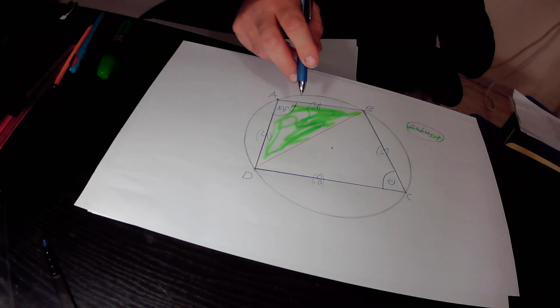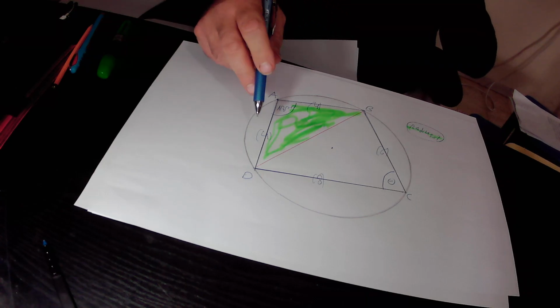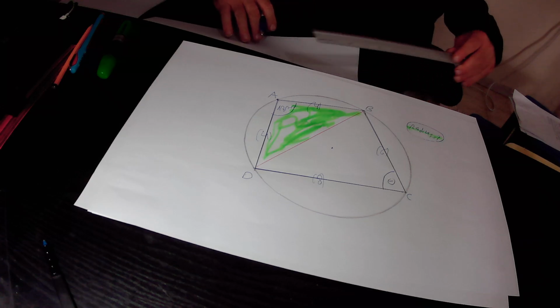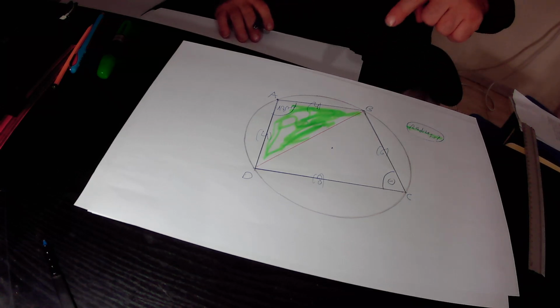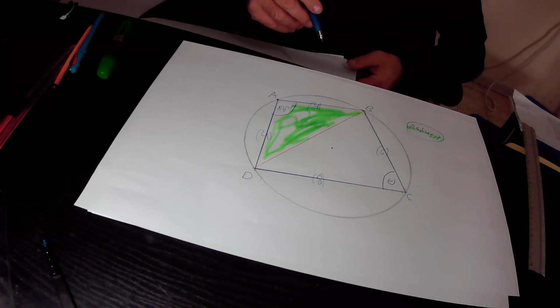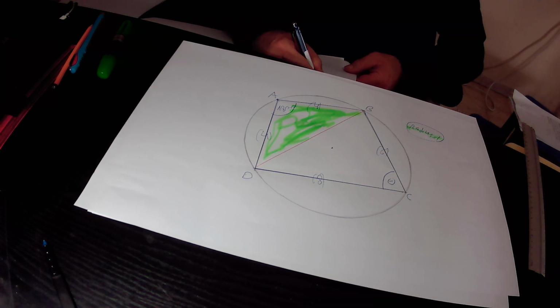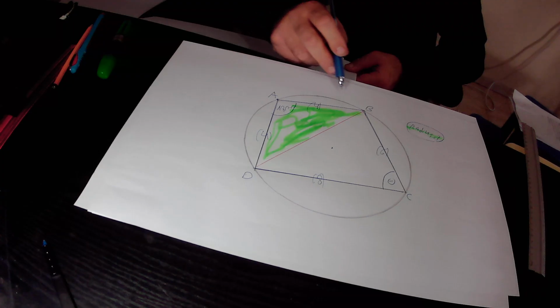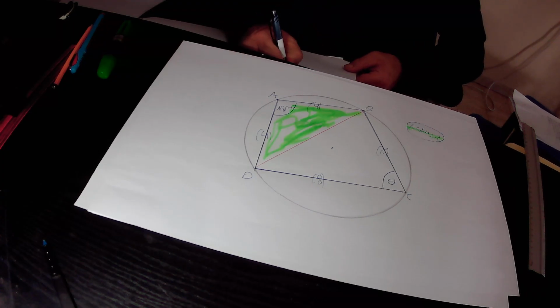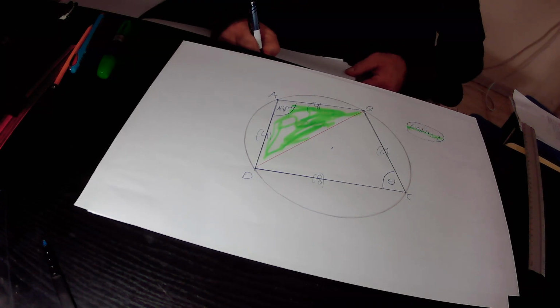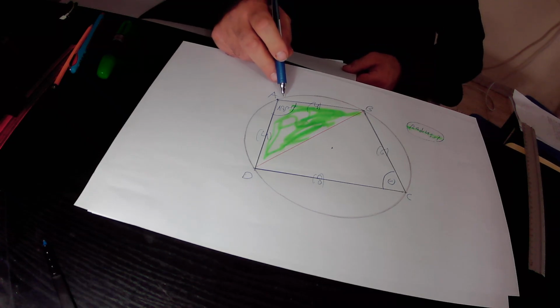BD squared equals AB squared plus AD squared minus 2 times AB times AD times cosine of 180 degrees minus theta. This is equation 1.